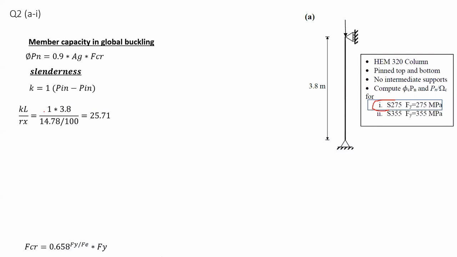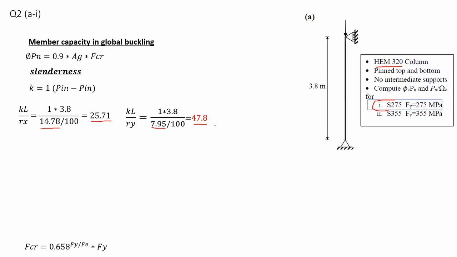If I do that, 1 times 3.8 meters divided by rx, taken from the sections table for HEM 320 and divided by 100 to convert from centimeters to meters, you get KL over r initially 25.71. If we check the other direction, about the y-axis, KL over ry now becomes, as we can see, the ry is reduced, and this value becomes 47.8. So for KL over r, now I have two values, 25.71 and 47.8.